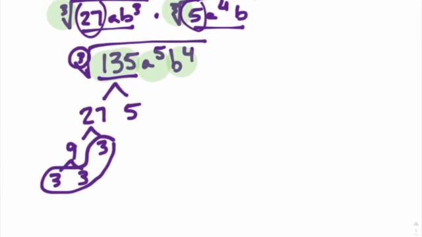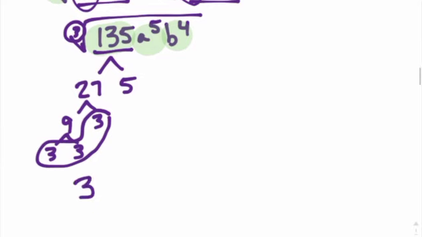So I do have a group of 3 threes, so the 3 will come out. That 5, I'll put it over here. This is for my leftovers. 3 comes out. A's, how many groups of 3 can come out of the A's? Well, just 1, and there's 2 left over.